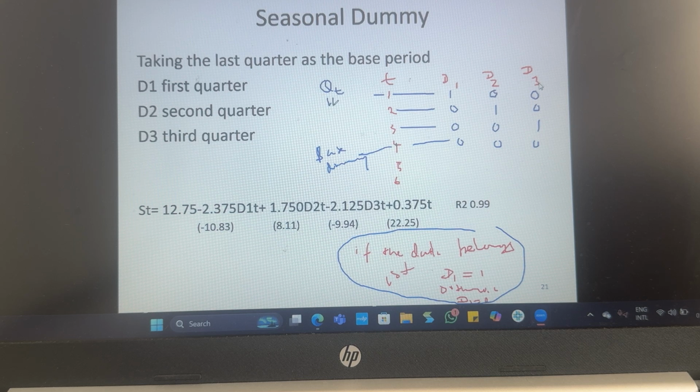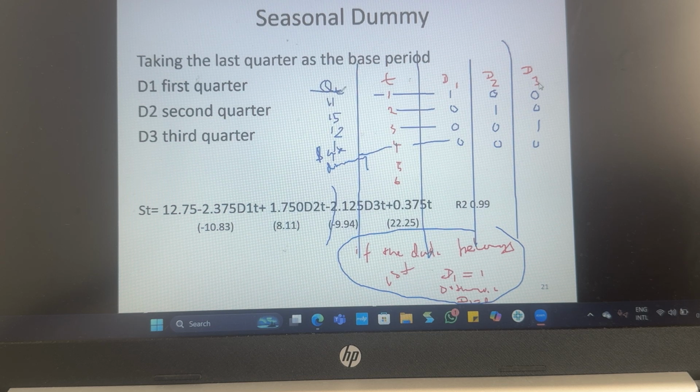And here the quantity as well. The first one is 11, the second is 15, the third is 12, according to my memory. You have the first column, second, third, fourth and fifth. Now this is our data set. Our equation has the dependent variable Qt. What are the independent variables? We have four independent variables, including these three dummies.